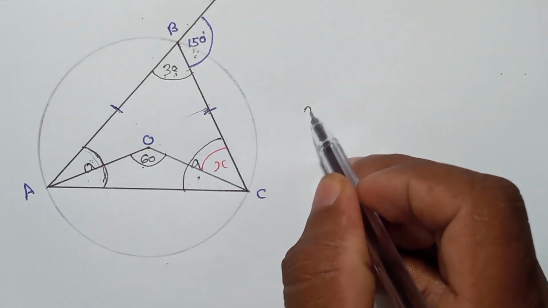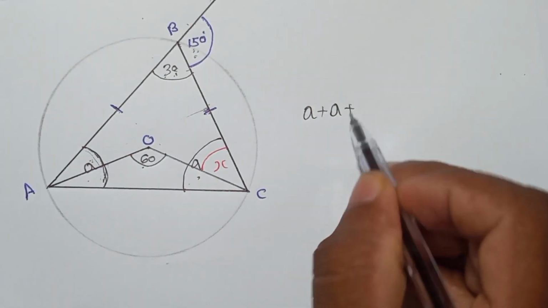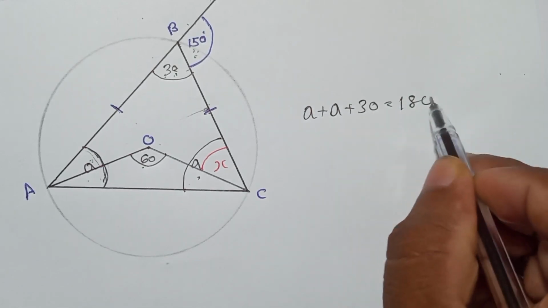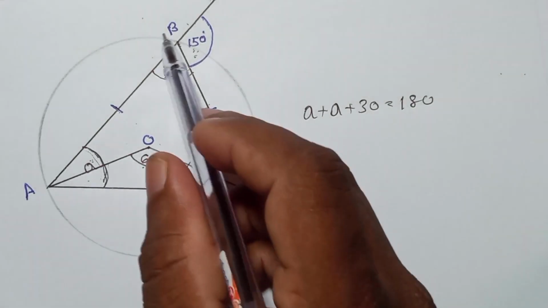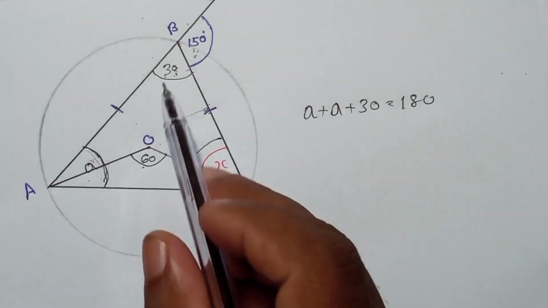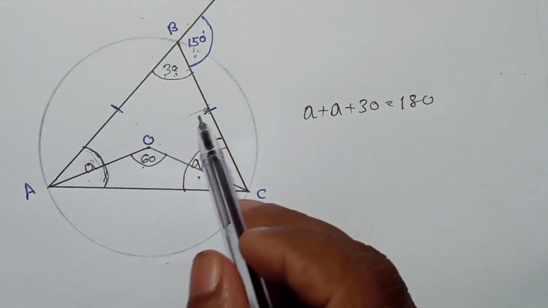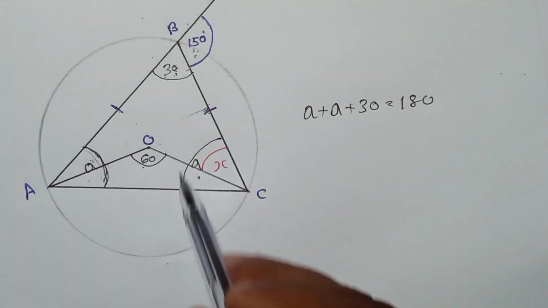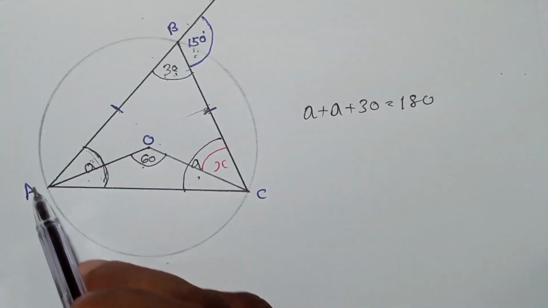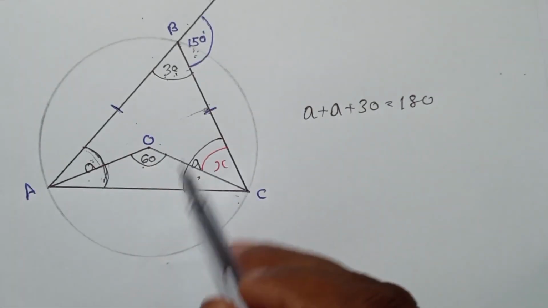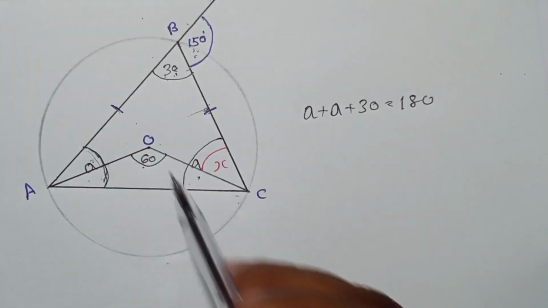How? We can write A plus A plus 30 should be equal to 180, right? Try to understand this triangle ABC. This is 30 and these two sides are equal, so the opposite angles, that means angle BAC and angle ACB, must be equal.